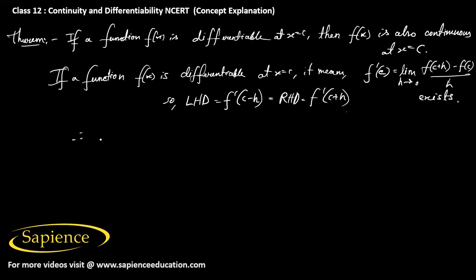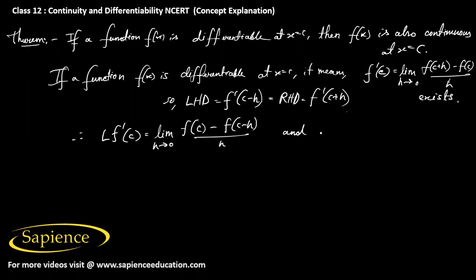Therefore, the left hand derivative we can write as L f dash c, that is equal to limit h tends to 0 of f of c minus f of c minus h by h, and R f dash c, which is the right hand derivative of the function at x equal to c, is limit h tends to 0 of f of c plus h minus f of c by h.